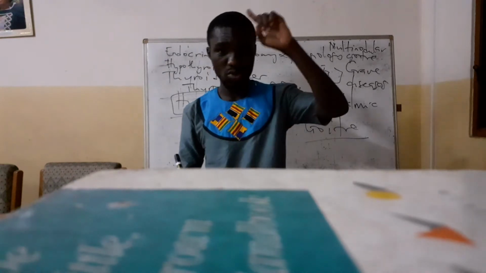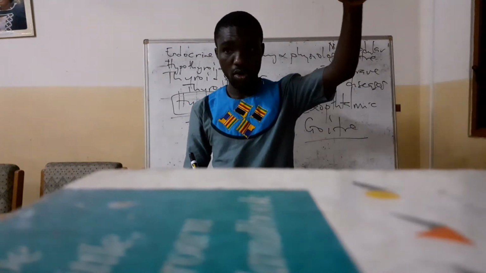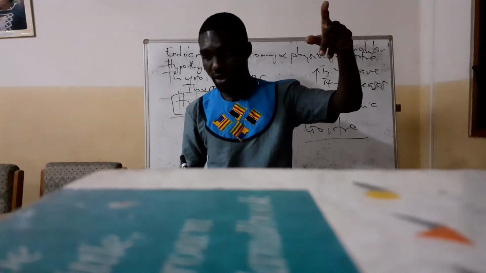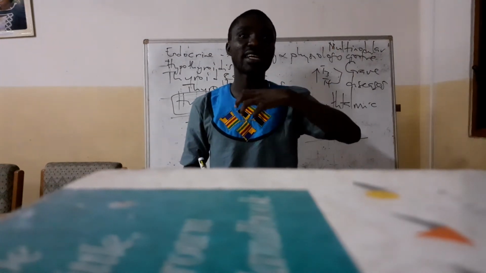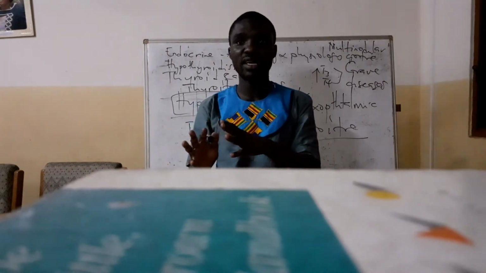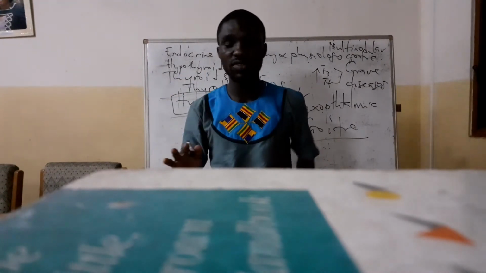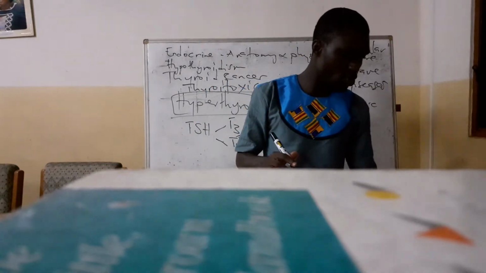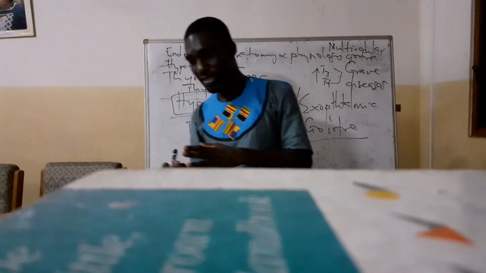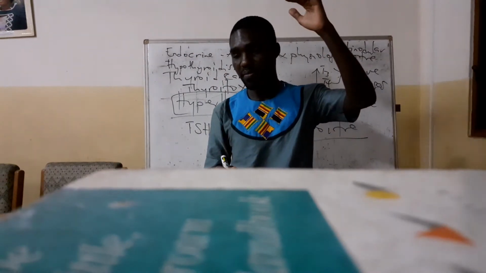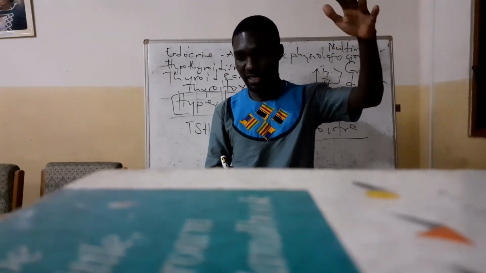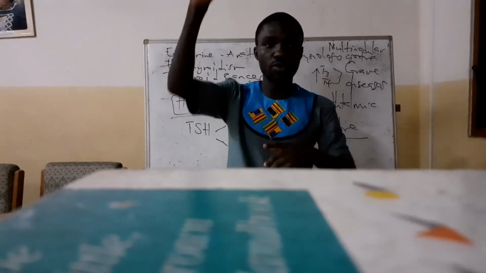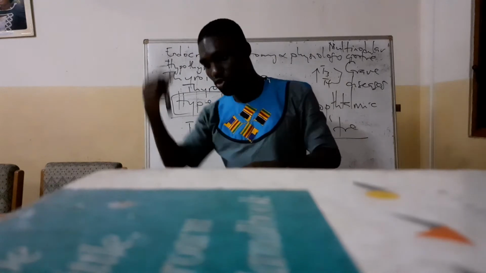So anything that will affect the hypothalamus, the pituitary gland, or the thyroid gland itself can affect the production of the T3 and T4 hormones, because it starts from the brain, and the hypothalamus controls it.